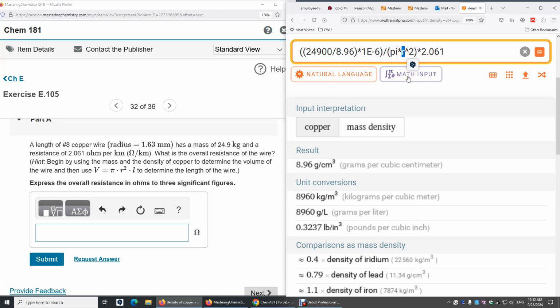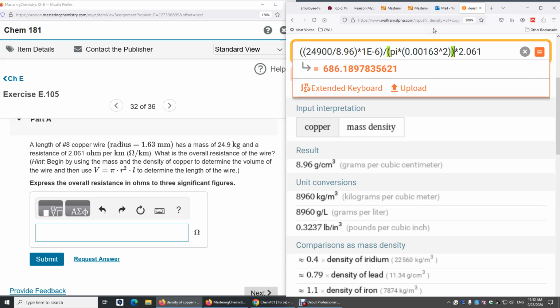All right, we have pi here, we have r. I'm going to convert this r to meters as well. 1 millimeter is 0.001 meters. So we have this, and I want to make sure that the parentheses are used properly.